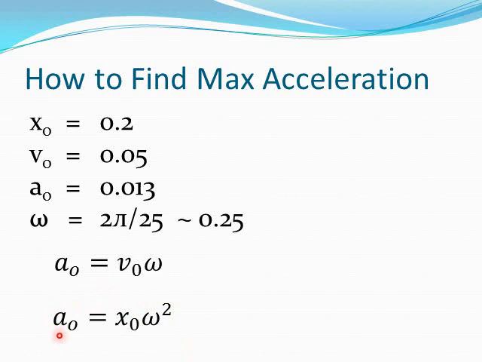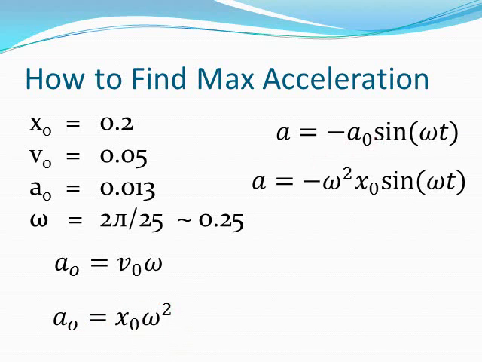All right, we're going to simplify this a little bit more. Remember the general equation for acceleration we found was acceleration equals negative max acceleration times sine omega t. So let's take this quantity here, since this quantity equals max acceleration, and plug it in here. We get something like this.